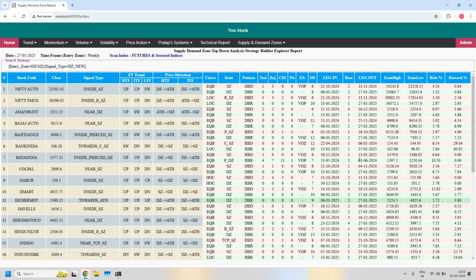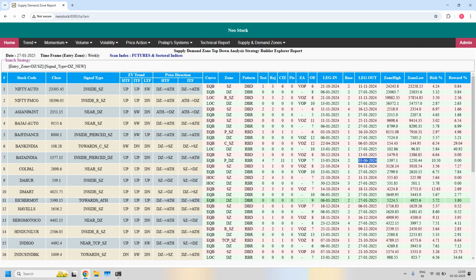So this is showing 3-6-24. That means inside this demand zone, a LOTL zone is created. That is how you have to understand. If the current leg out is not 27 January 2025, as in this example it is not, that means inside this demand zone, a newly created weekly demand zone is available.